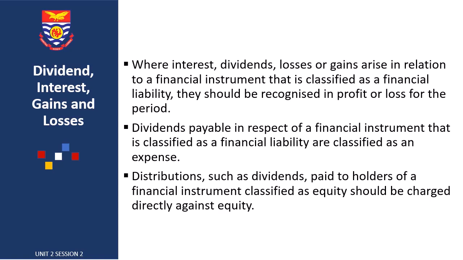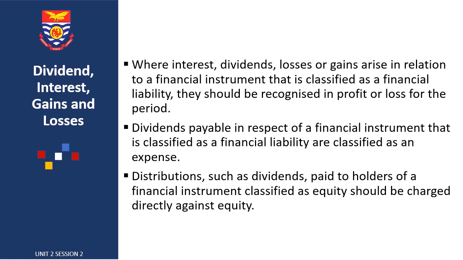Where we have interest, dividend, losses or gains which arise in relation to a financial instrument that is classified as a liability, this interest, dividend, loss or gain should be recognized in profit or loss for the period. So if it is a financial liability and there is an interest, dividend, losses and so on associated with this financial liability, send it to profit or loss account.